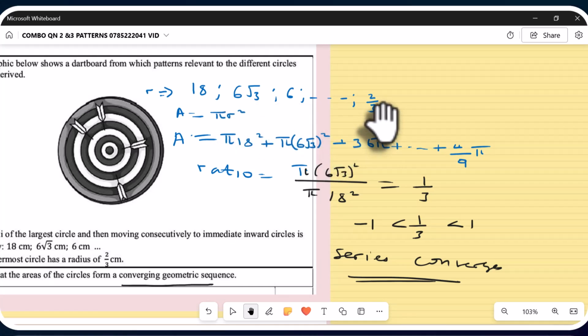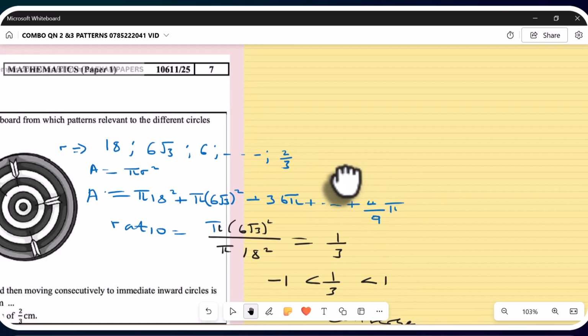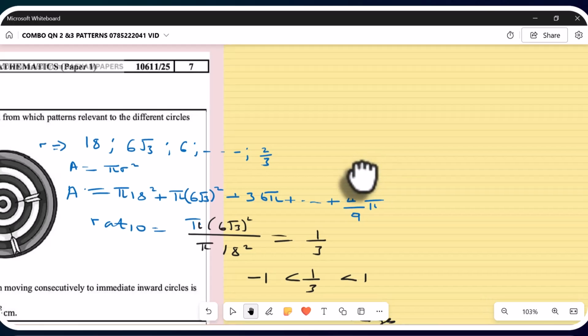I'm going to have now root 3 divided by 3 power n minus 1 equals this side. I divide by 18, so it's going to be now 2 over 3 times 18. 3 times 18, what do you get, guys? Calculators. So here I'm going to be left with what?